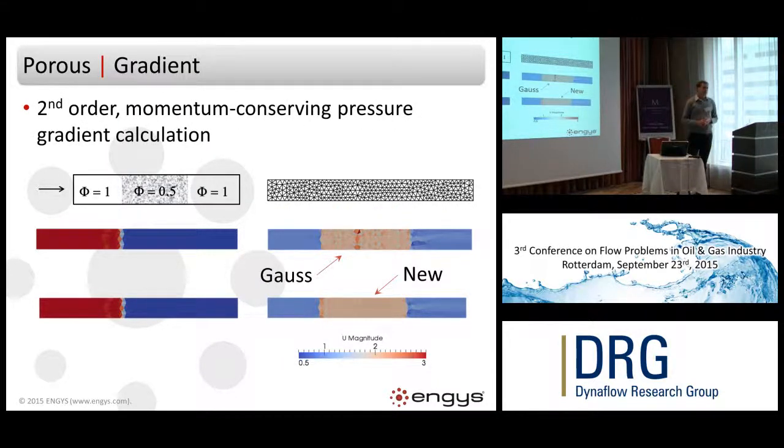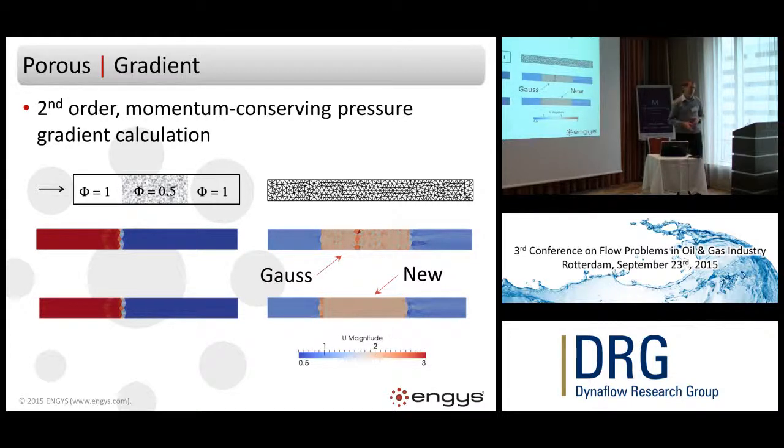So aside from doing those interpolations in such a way as to make that possible, you also get quite strong pressure gradients in these porous zones, and therefore it's important to relook at the calculation of the pressure gradient on an unstructured grid. The standard Gauss gradient is not second order accurate, so one method is to go to a least squares type of gradient approach.